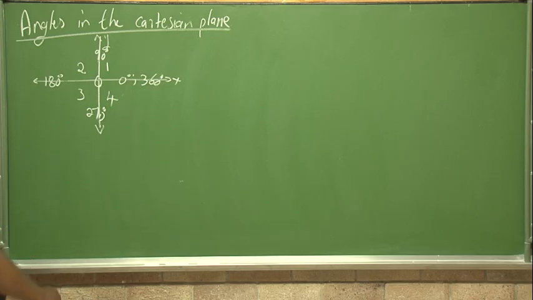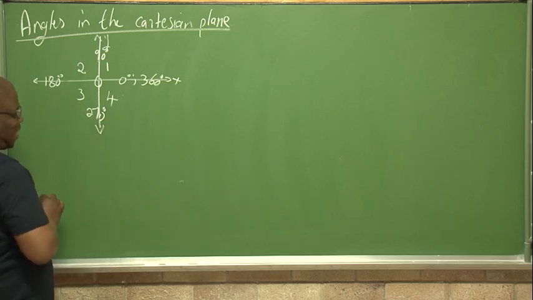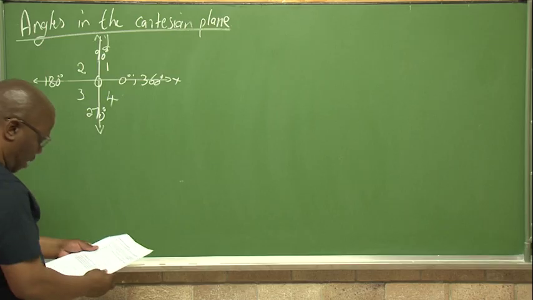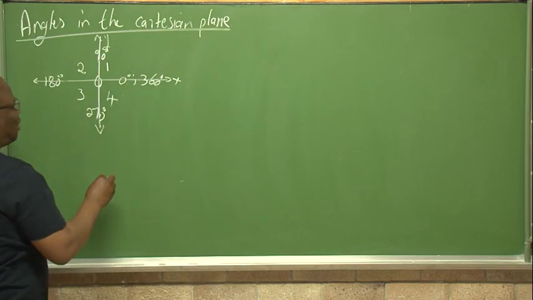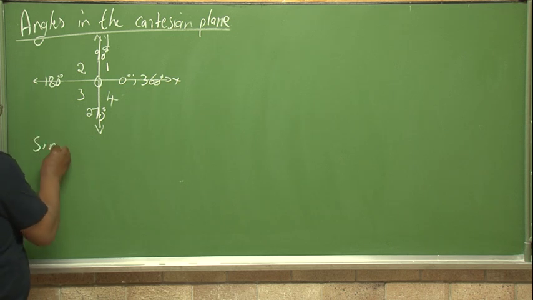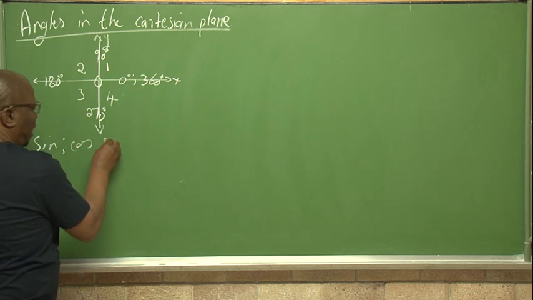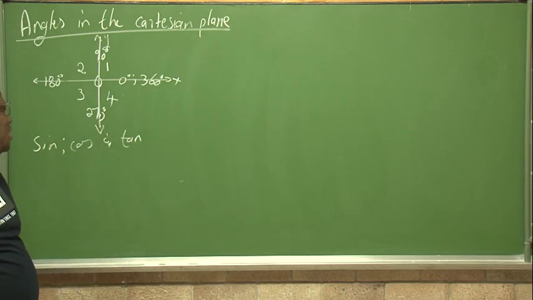Let's try and simplify this section that I want to do with you right now. If you take the first quadrant, all the angles are between 0 and 90. And if you check the trig ratios, I'm referring to sine, cos, and tan, including their reciprocal identities.